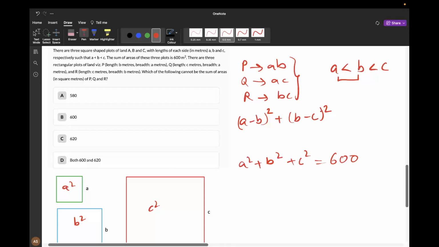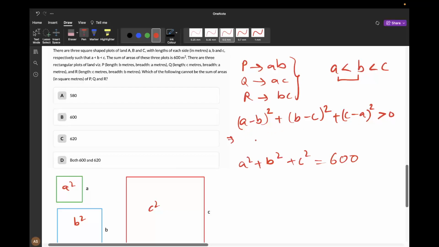But if we square it, it becomes positive, that is greater than 0. And C minus A is again positive, or you can write A minus C, that is negative. Still squaring it will give us greater than 0. So adding three terms which are greater than 0 definitely gives us greater than 0.